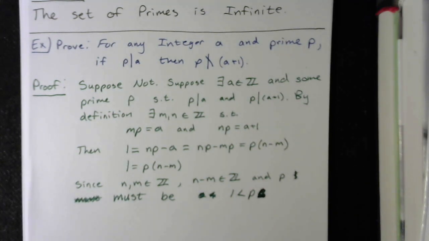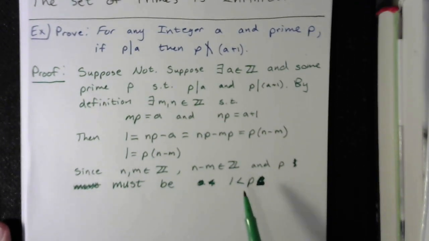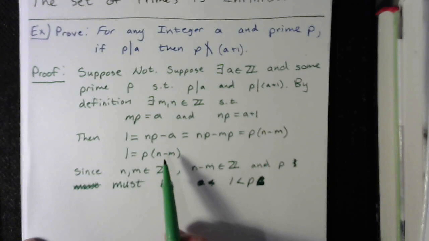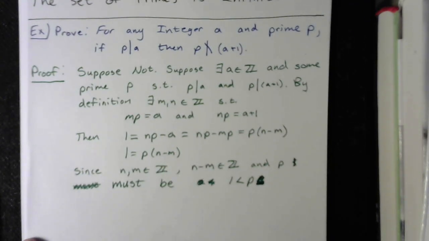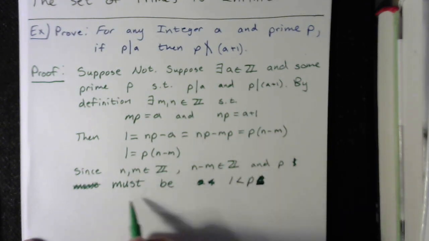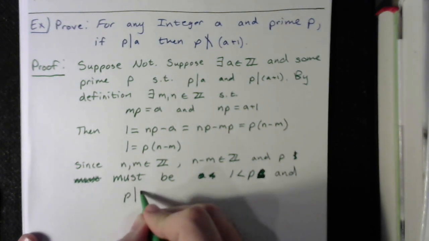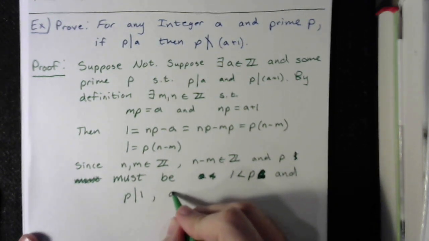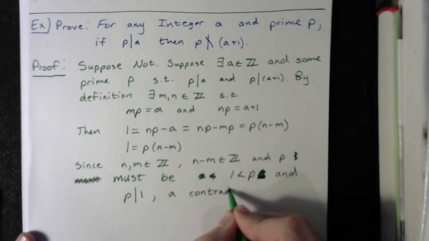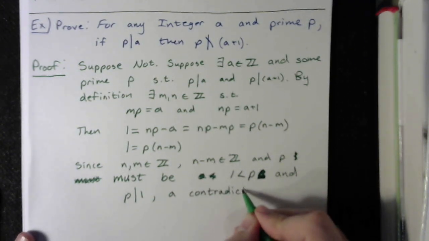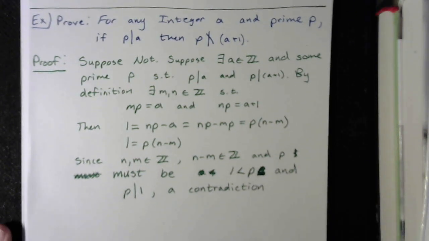So those of you who are taking linear algebra, you'll be familiar with the concept of units. 1 is our multiplicative unit in regular arithmetic. So if you're prime, we say 1's not prime. So that means if we have a prime, it has to be bigger than 1. Well, regardless, this is an integer, and combining this statement, we know that p divides 1, which is a contradiction. Nothing divides 1 except 1 and negative 1 in the integers.